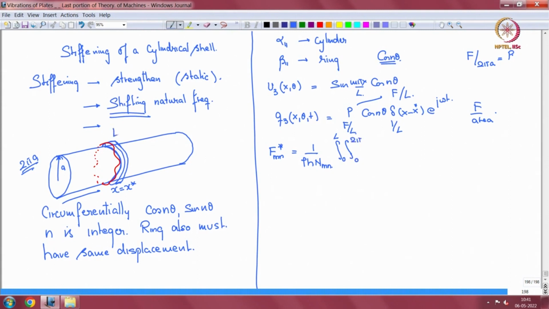This total length is the L for the shell. P cos n theta delta x minus x star into sine m pi x over L cos n theta a d theta dx.